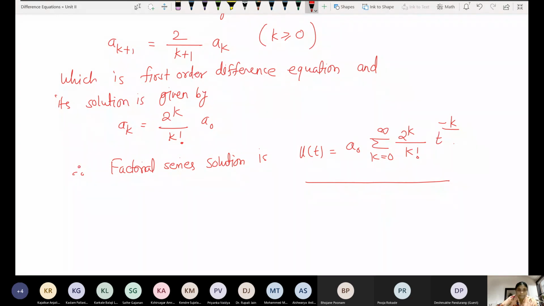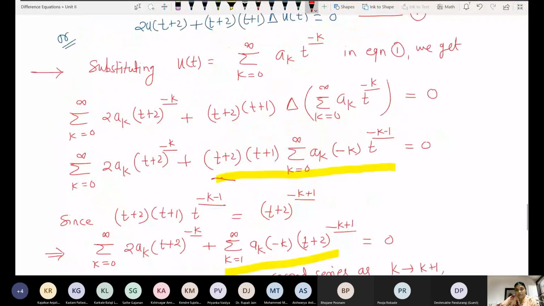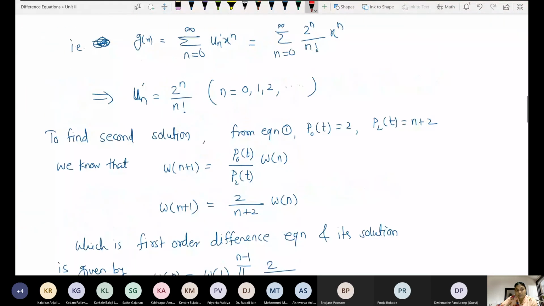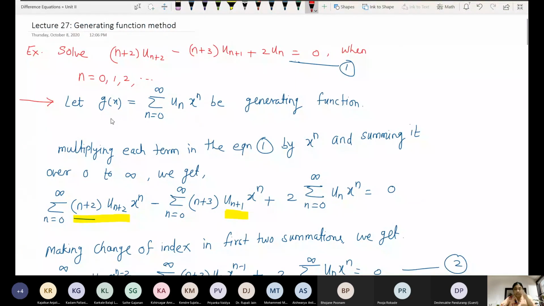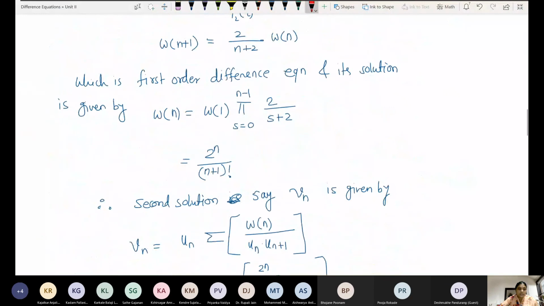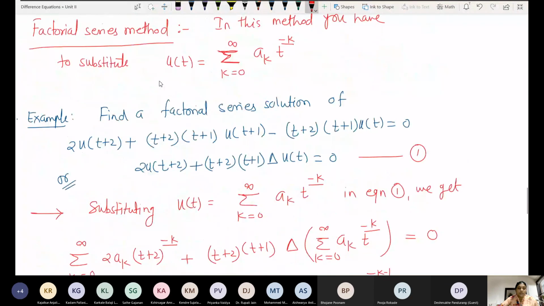Is that okay? So in the generating function method, you have to substitute g of x as summation n is equal to 0 to infinity u_n x raised to n. And in the factorial series method, you have to substitute u(t) is equal to summation k is equal to 0 to infinity a_k t to the minus k falling, and you have to find a_k. In the above method, we are finding the u_n coefficient; here we are finding the a_k coefficient.